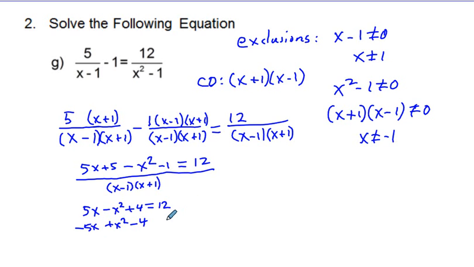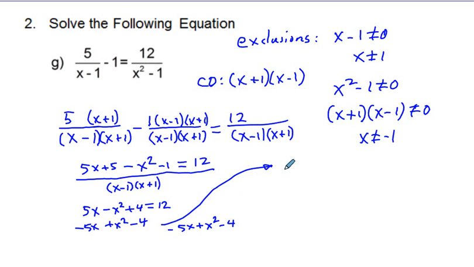And when we do that, I'm going to work over here. On the other side we do the same thing, which would be minus 5x plus x squared minus 4.